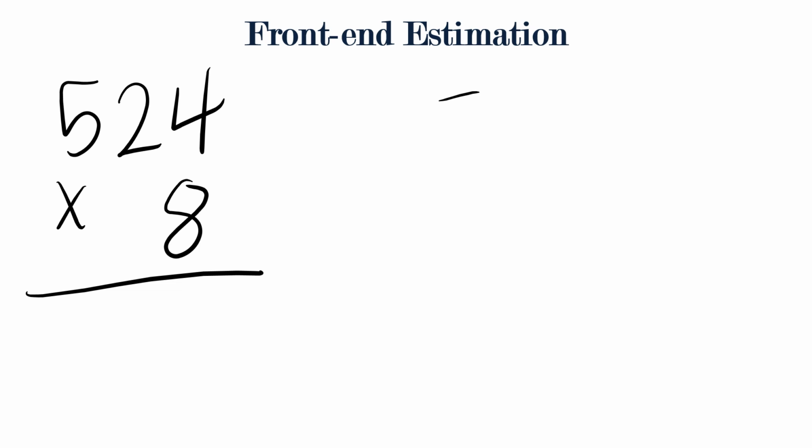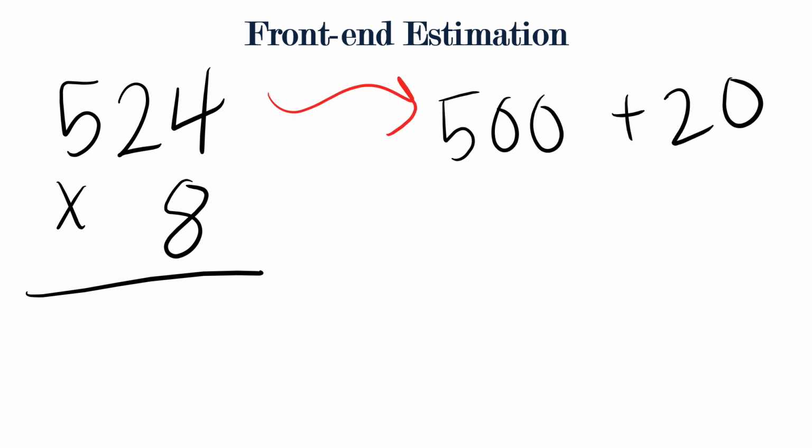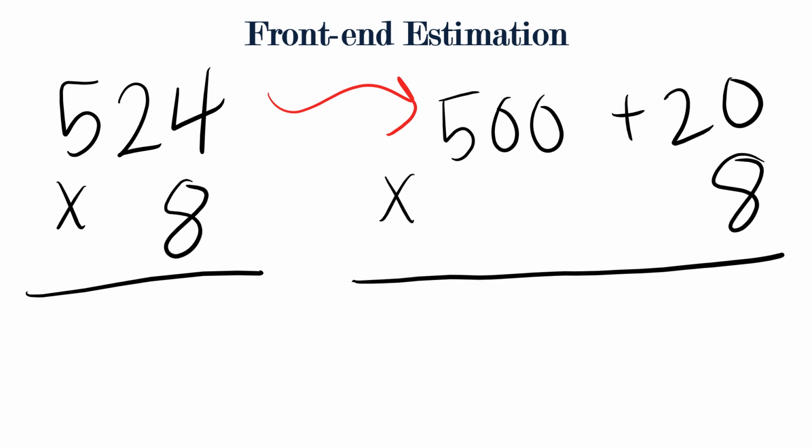All right, so we're going to take 524 and break that down. We're going to say 524 is approximately 520. We can break that down into 500 plus 20, and then multiply by 8.